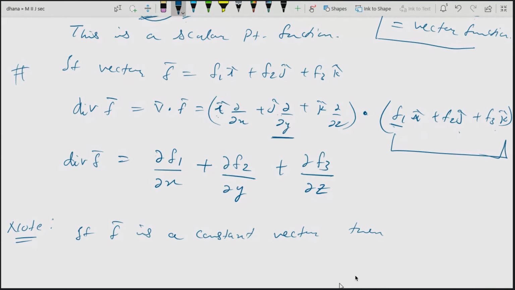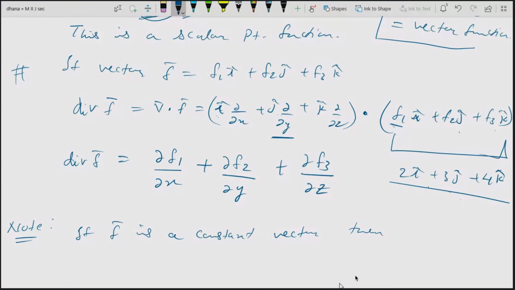Constant vector means suppose I write 2i plus 3j plus 4k, for example. Now, is this not a constant vector? It is a constant vector, and if I calculate divergence of this vector, i dot i will be 1, but dou by dou x of 2 will be 0. Is it or not? Are you able to follow?